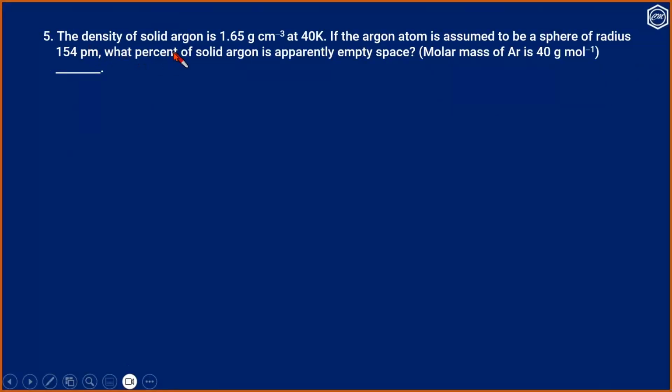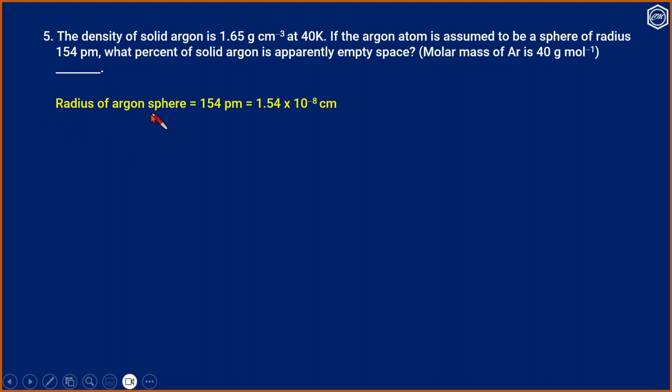Question 5. The density of solid argon is 1.65 gram per centimeter cube at 40 Kelvin. If the argon atom is assumed to be a sphere of radius 154 picometer, what percent of solid argon is apparently empty space? Molar mass of argon is 40 gram per mole.